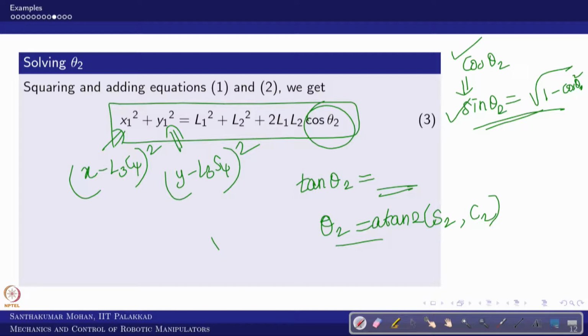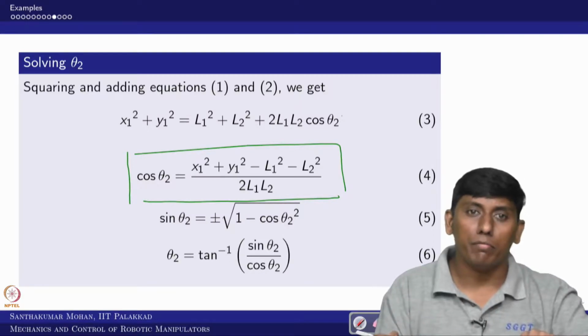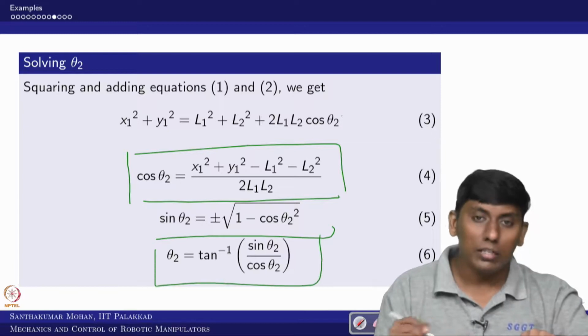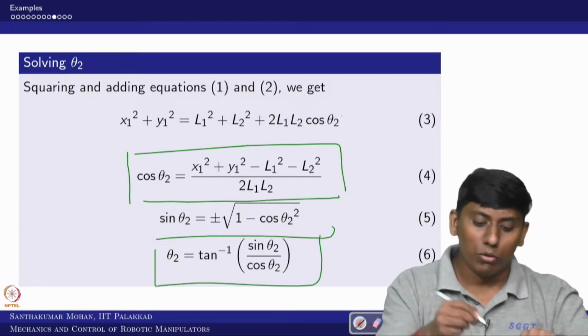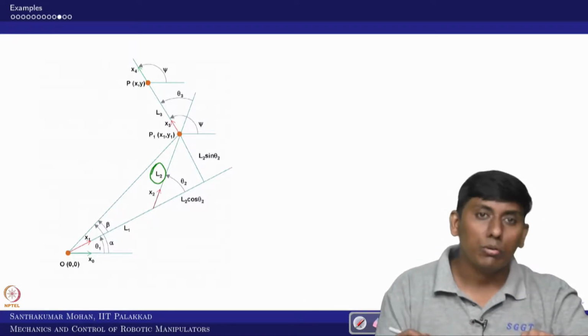So now you can see in this particular slide, we have taken cos theta 2 from this big equation. This equation we modified, and we have found sin theta 2, then we have found theta 2. Once this is known, you come back to this picture. What is known? L2 is known, and theta 2 is known. So this triangle we can make, right?